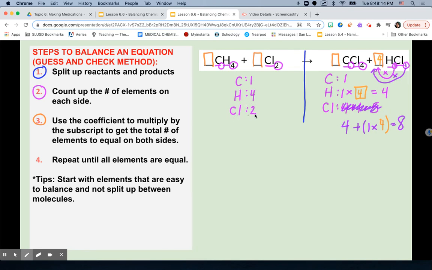I want to have 8 Cl's on my reactant side. So again, I'm going to figure out what I can change my coefficient to. So currently I have 2 Cl's times what to make it 8 to match this side.